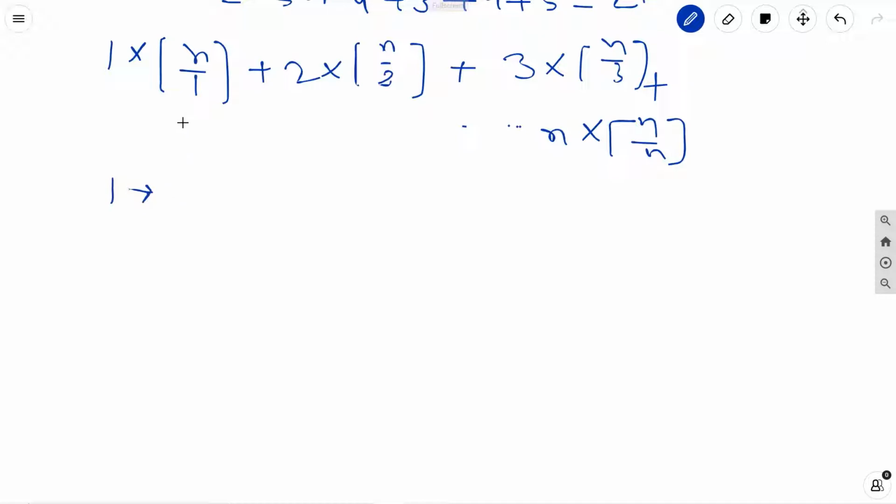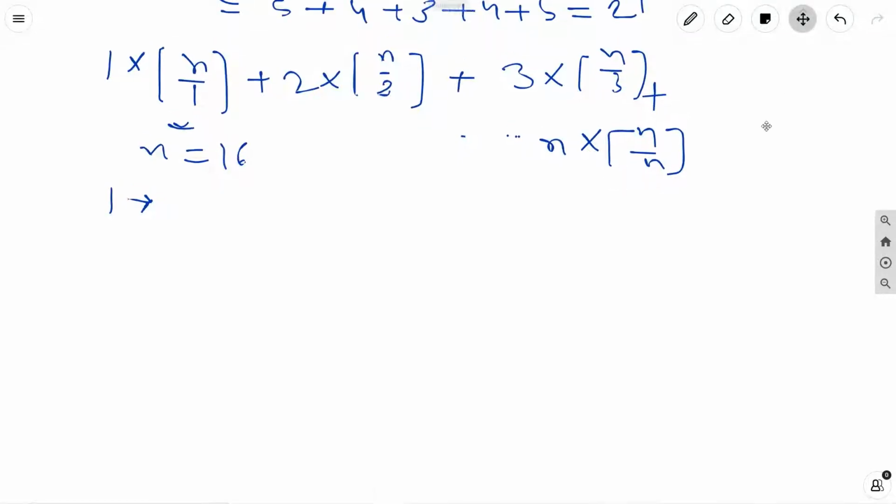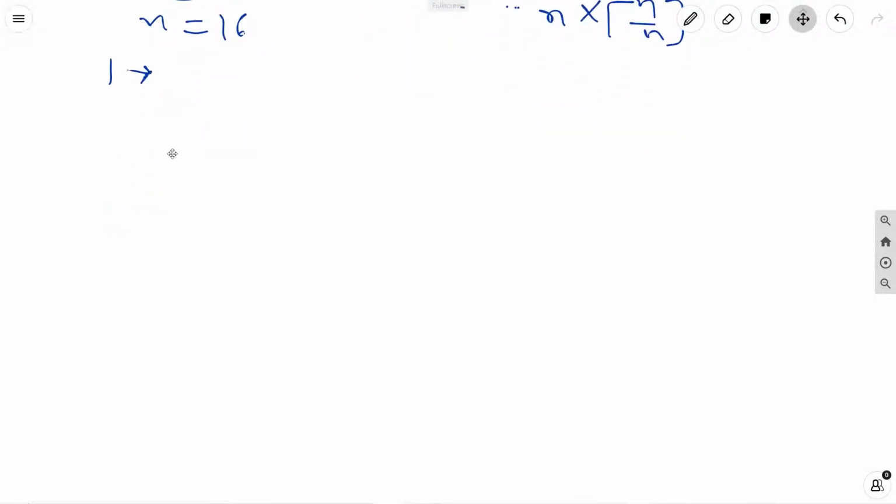For 1, we have n by 1 multiples. Let's check with n equal to 16. If we write the multiples for 1, they are 1 2 3 4 and up to 16.